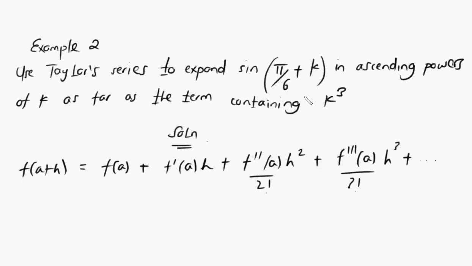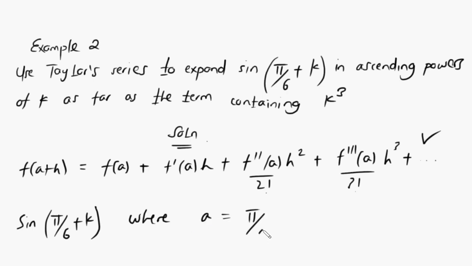This time in our question we don't have sin x, we have sin of (pi over 6 plus k). So in such circumstances we prefer to use this Taylor's expansion where our a is equal to pi over 6 and our h is equal to k.